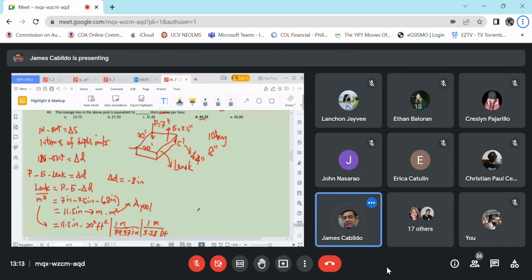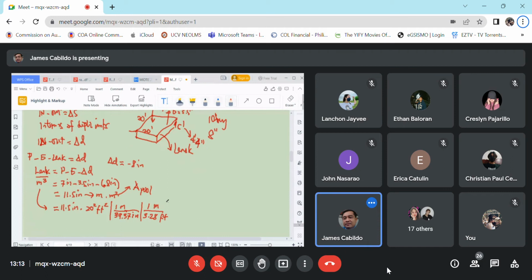Okay? 3.28 feet. So since squared yon, so square din natin. Square natin yung taas. 1 square, meter square. Tapos square natin yung 3.28. Square din natin yung feet. Square. Okay? Para makancel na natin. Okay, dito, we can cancel now inches. We can cancel now square feet. So, ang naiwan ay meter times square meter.